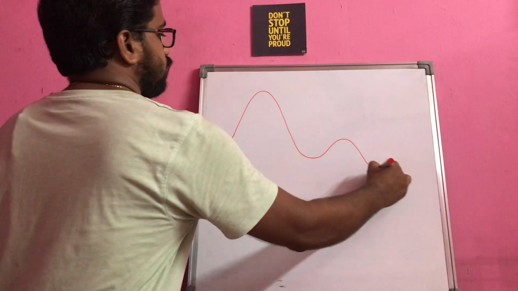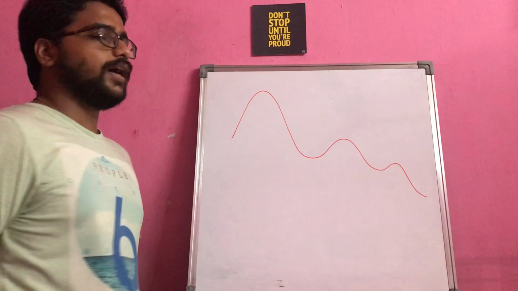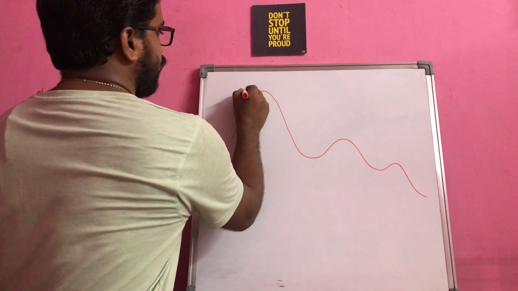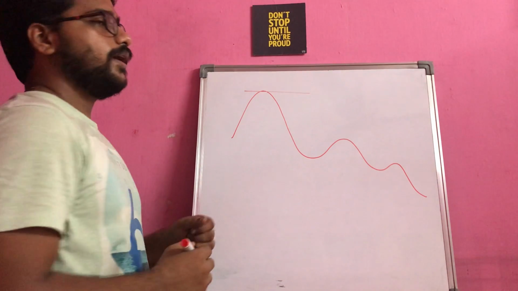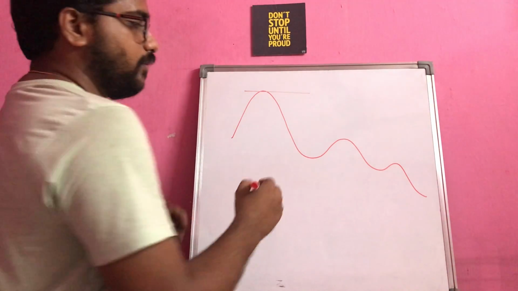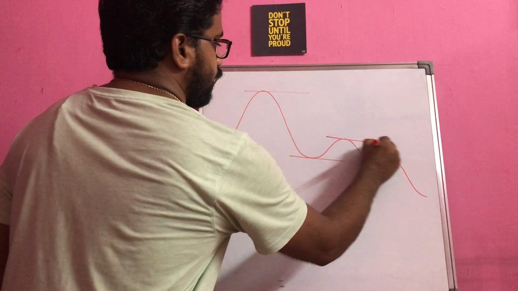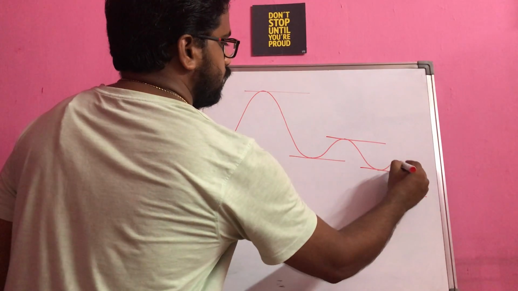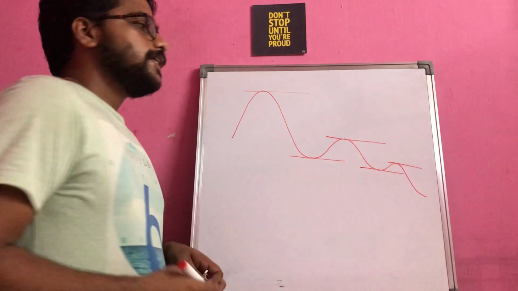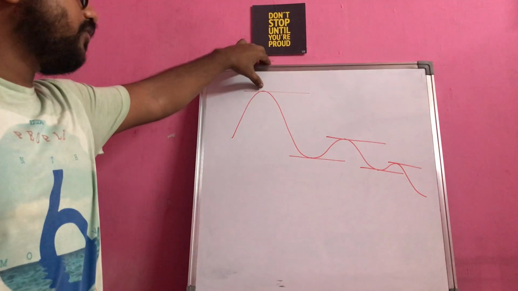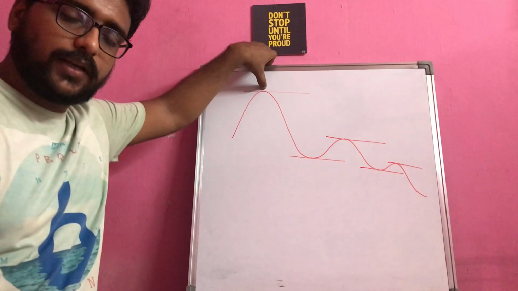If this is the curve, you can see here point 1 where there is a change in the behavior of the curve. This is another point, again another point, and another point. There is a change in function behavior at each of these points.